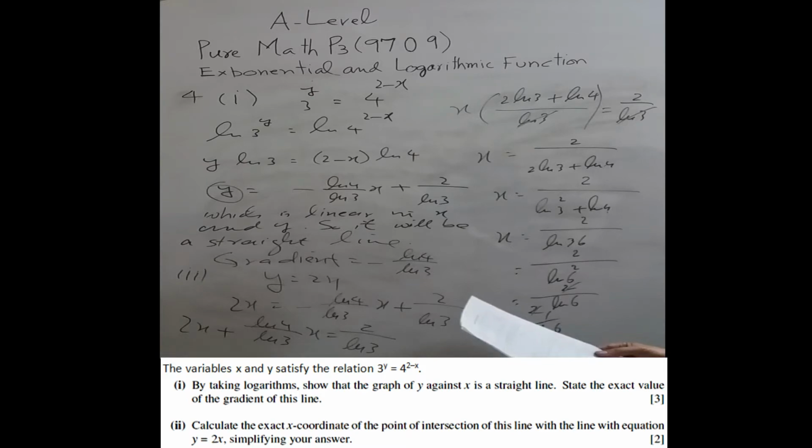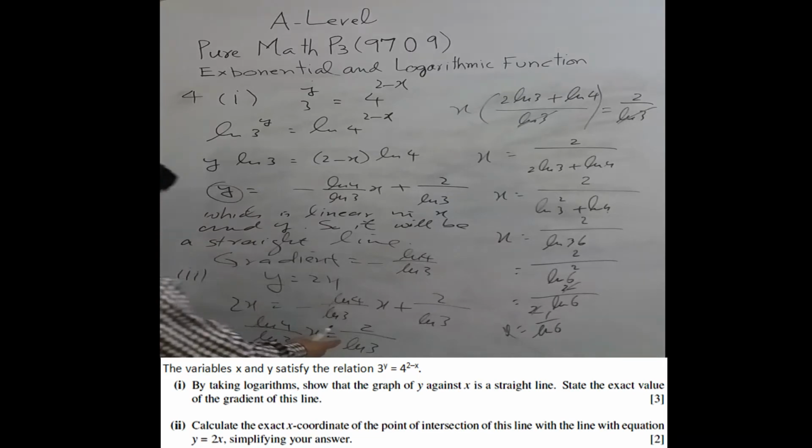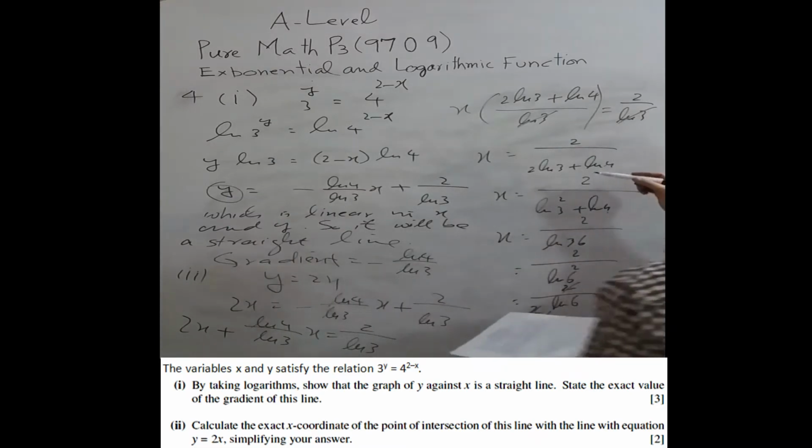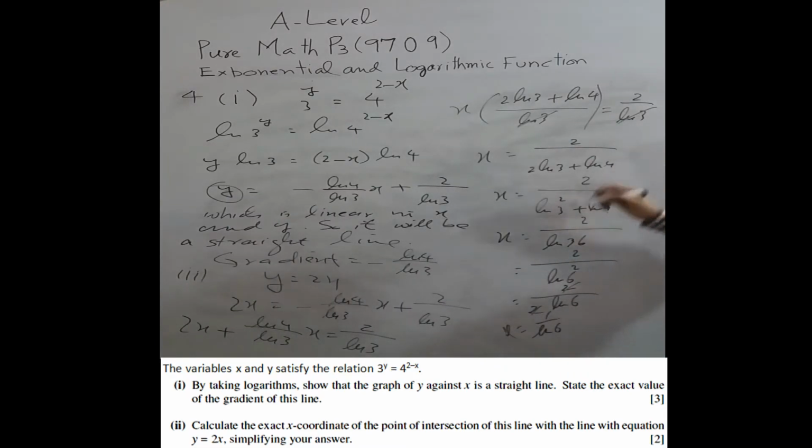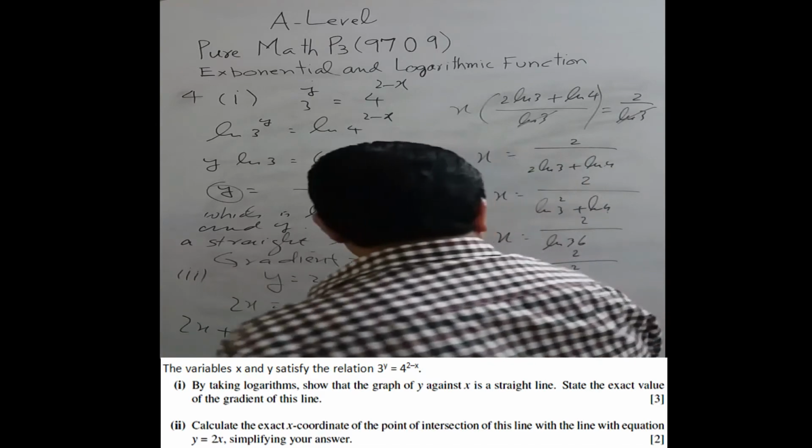Find the point of intersection, x coordinate. So y is equal to 2x. When you take the LCM, 2 ln 3 plus 4x over ln 3, and let me check, there is some mistake. We have 2 over ln 3, this cancels out, and LCM is of course ln 3.